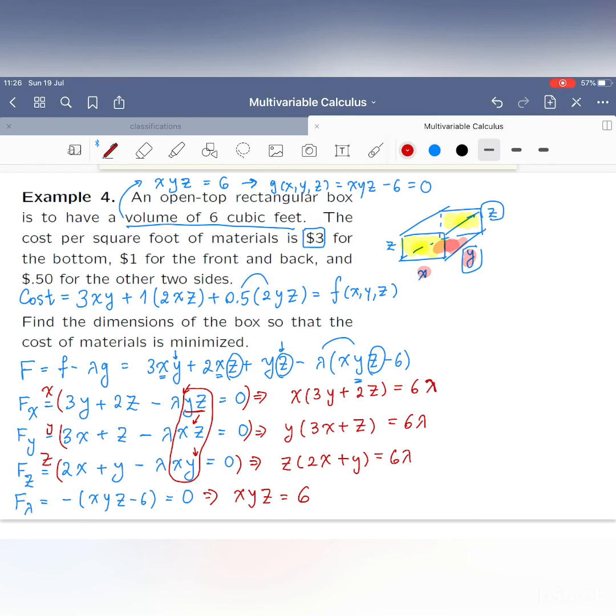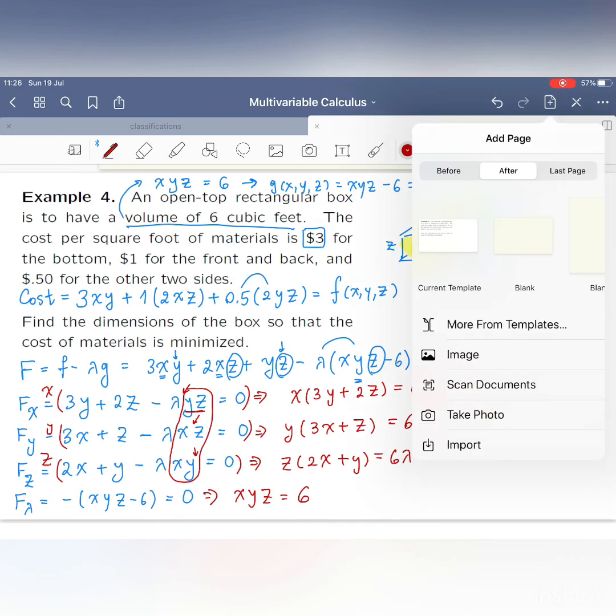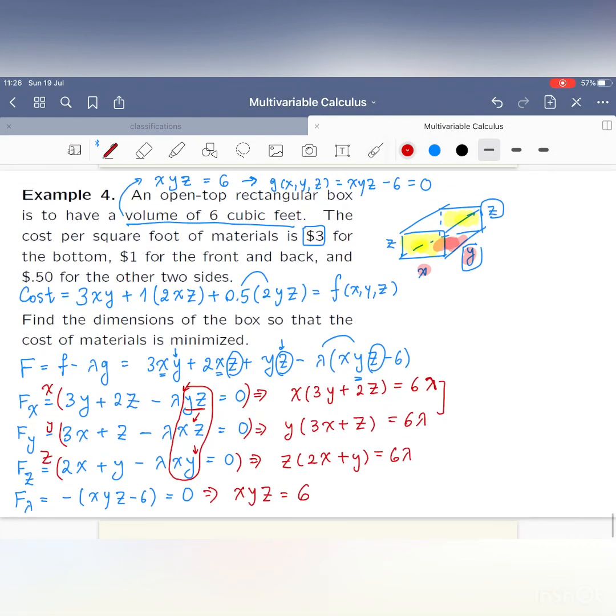All right, so it means that you can pair them up because both of them equal the same quantity. So it means that your left hand side here, 3xy plus 2xz, must be equal to 3xy plus yz.